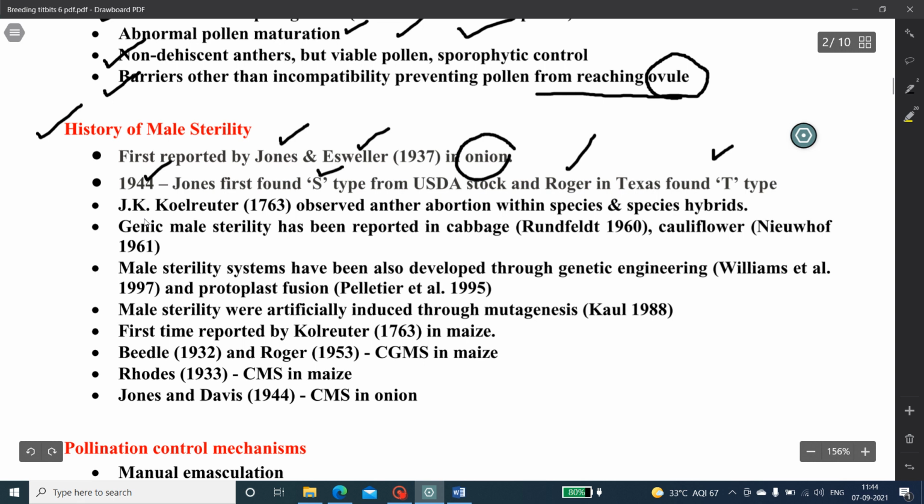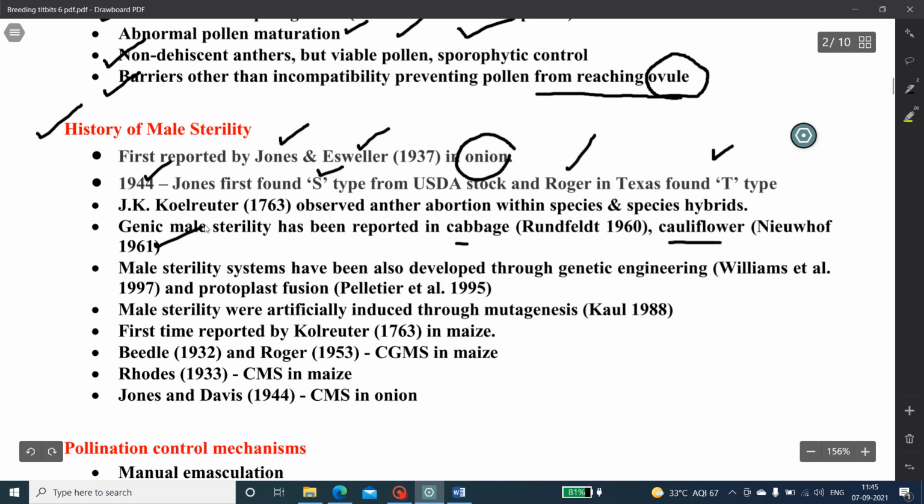Collier in 1973 observed anther abortion within the species as well as species of maize hybrids. Genic male sterility was reported in cabbage by Rundfeldt in 1960, as well as in cauliflower, found by Nieuwhof in 1961.